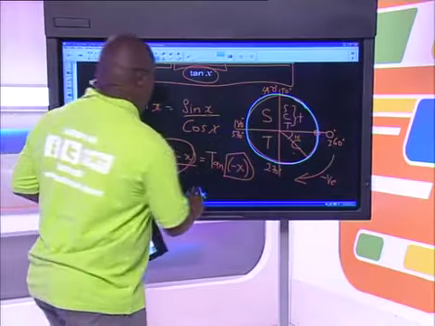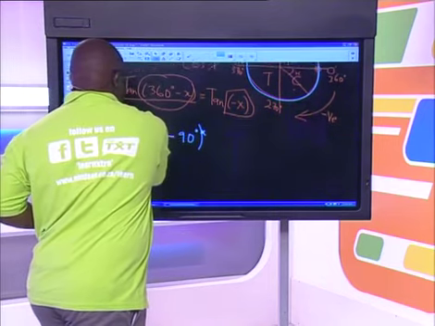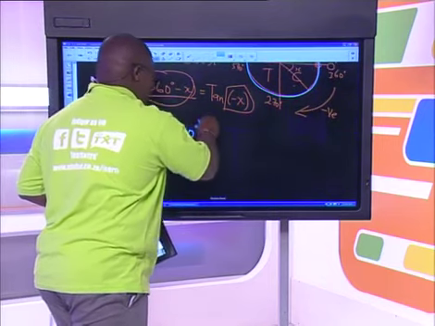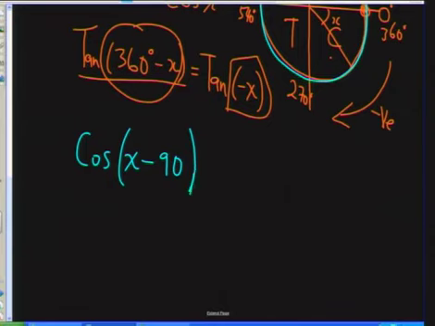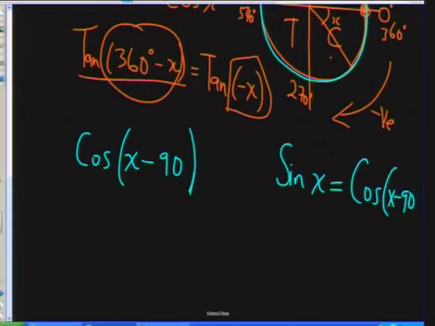Okay, so now, just to continue, remember, we have cos x minus 90. What I'm going to do now is play around with the relationships that cos and sine have. Because remember, sine x is the same as cos of x minus 90 degrees.